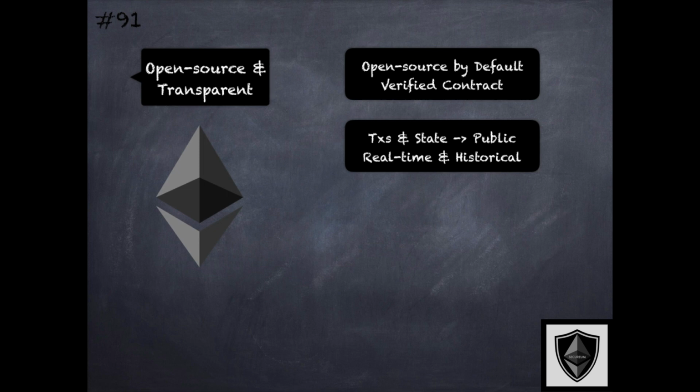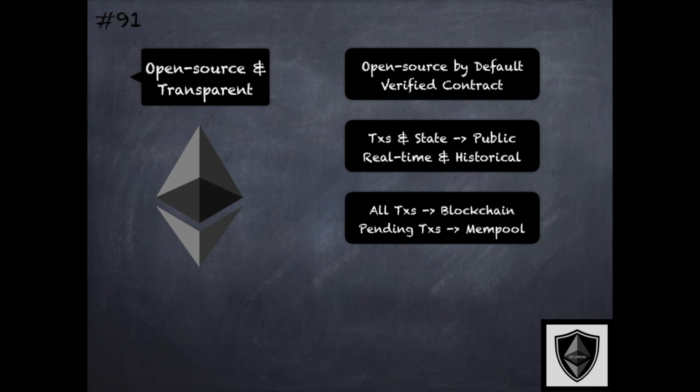Anyone can actually run an Ethereum node so that you don't even have to rely on a block explorer or any service like that. You can look at transactions as they happen in real time on the blockchain. You can also look at transactions that are waiting to get into the blockchain. There are what are known as mempool explorers by some of these services that provide this capability.